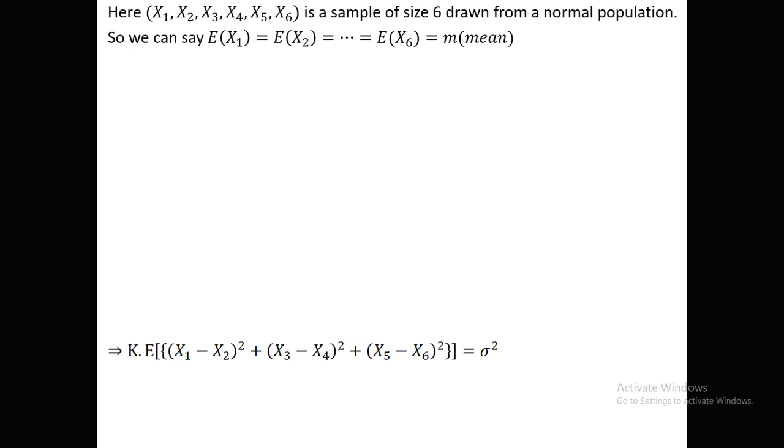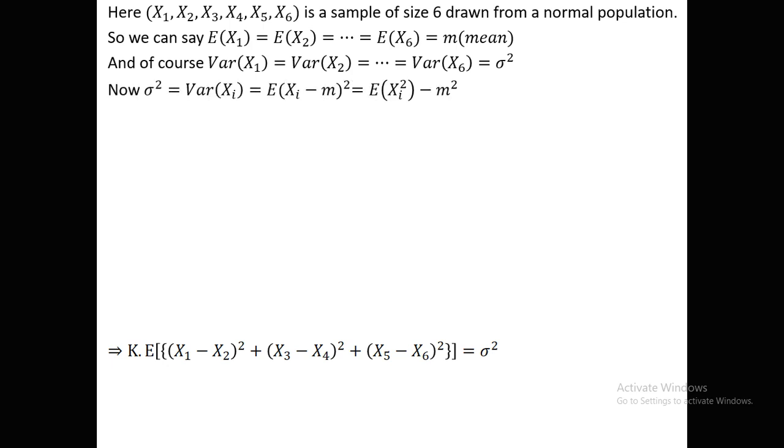If you see the previous problem, it's very easy to calculate that the expectation of X1, X2 and so on are all equal to the mean. Of course variance will be equal to sigma square. Now sigma square is also equal to E of (X minus m) whole square, that is E of Xi square minus m square. So from that expression we can easily write that E of Xi square equals m square plus sigma square.